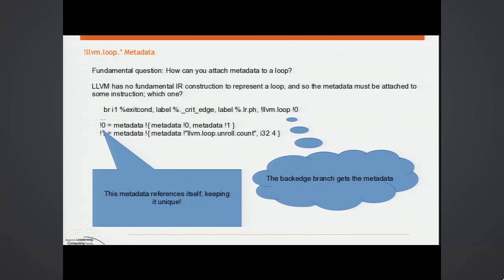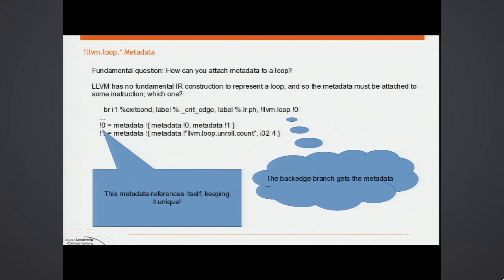You may have a problem, for example, let's just say, for argument's sake, that you had two loops that you wanted to specify an unroll count of 4 for, and you didn't use this trick of self-referential metadata. All the metadata is unique by structure, so you never have two metadata values that are the same except for their identity.